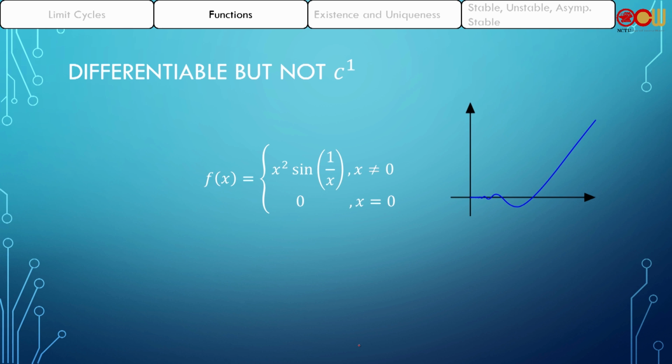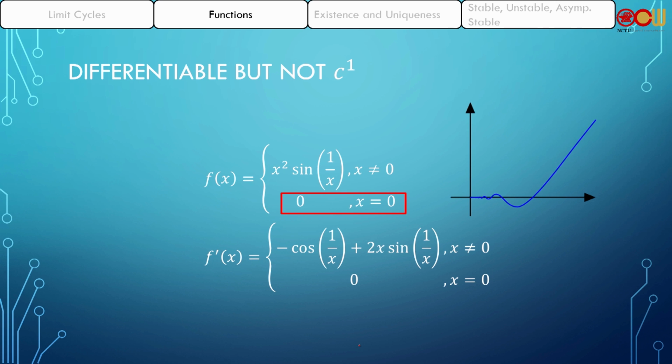Is there any function that is differentiable but is not C1? Means it's differentiable, but the derivative is not continuous. Yes, this function. Why? The derivative of this function is not continuous at 0. When x is 0, it's 0, right? At the origin, right? But when it's not 0, it's very close to 0, right? If you go to 0 plus, it's very close to 0. So it's continuous.